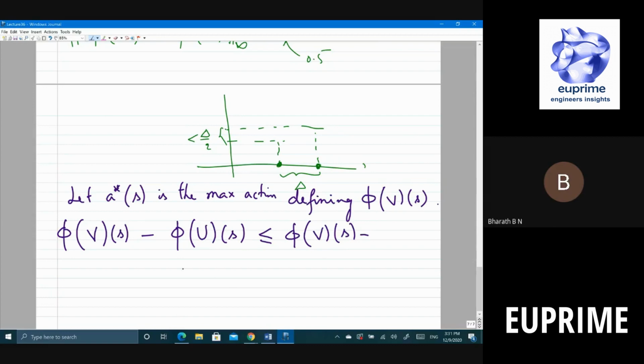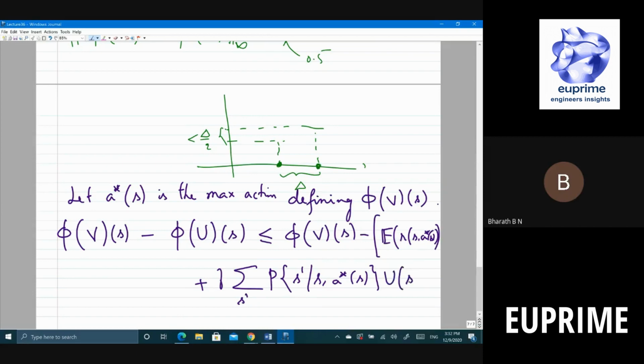Minus expected value of R of s comma a star of s, plus mu times summation over all s dash of probability of s dash given s comma a star of s, times, this is phi of u, so you'll have the action u of s dash. Is this okay?